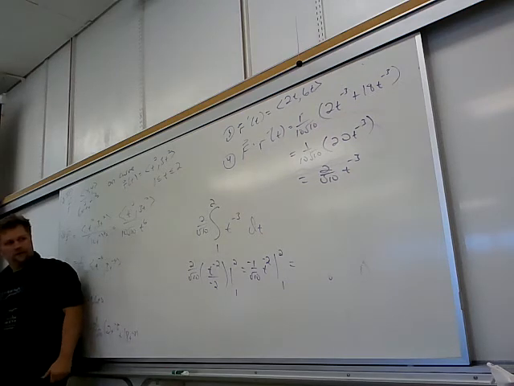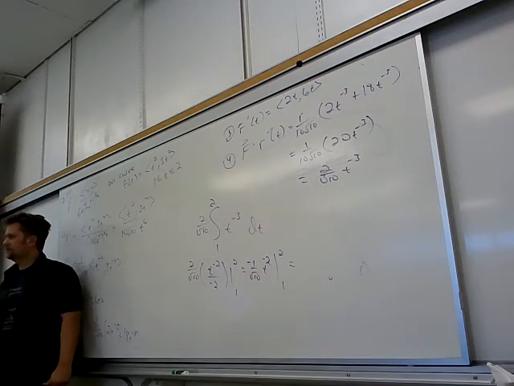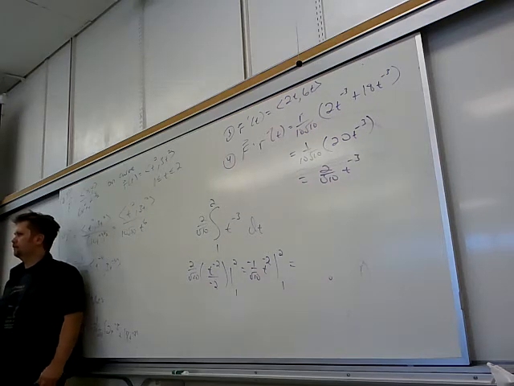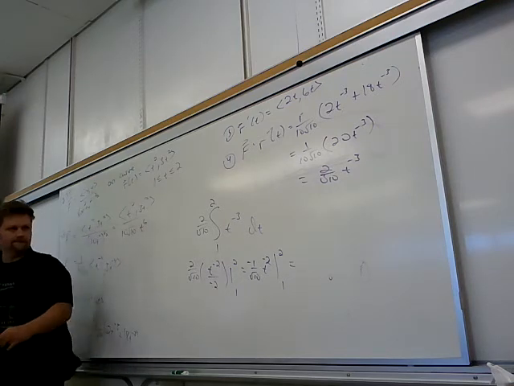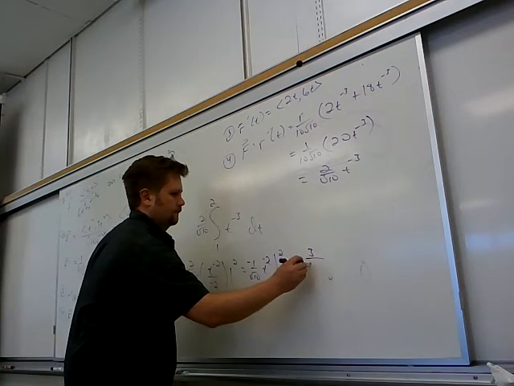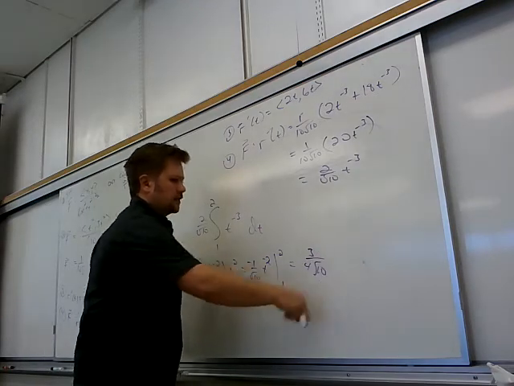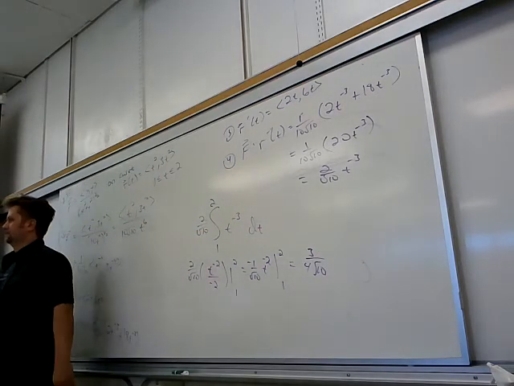Negative 1 over 4 root 10 plus 1 over root 10, and whatever that is. 3 over 4 root 10, I think it is. And you can rationalize that if you really feel like it.